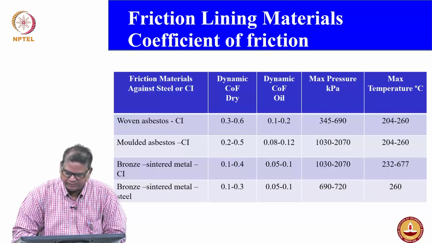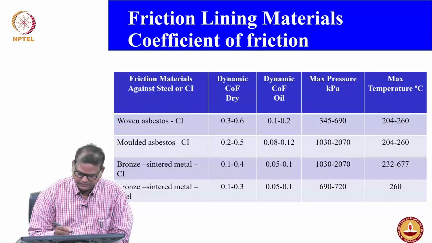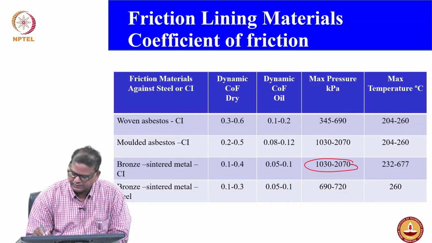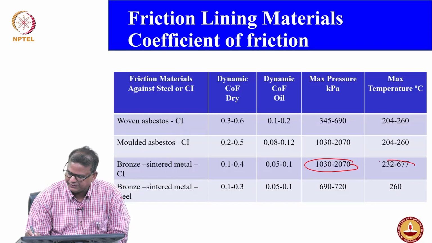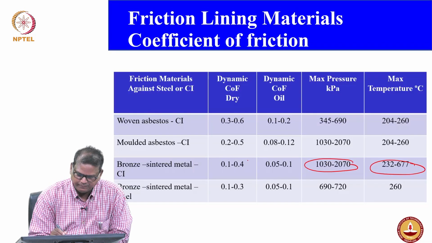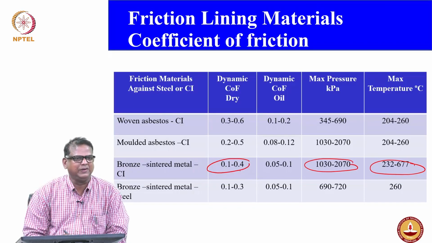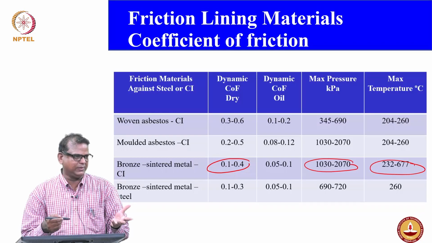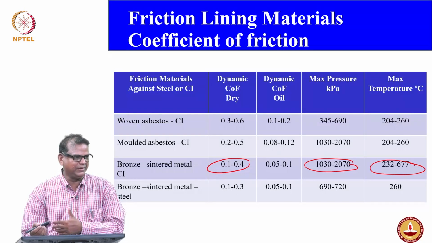In fact, this is the table. In this table, we have chosen the pressure. This is the bronze sintered, with the given pressure and temperature and the corresponding dry lubrication, because this is a single disc plate, so it has to be dry. If it is a multi disc clutch, you can have oil lubrication.